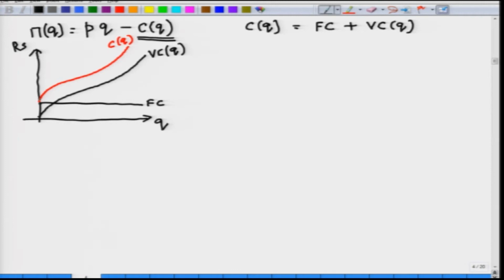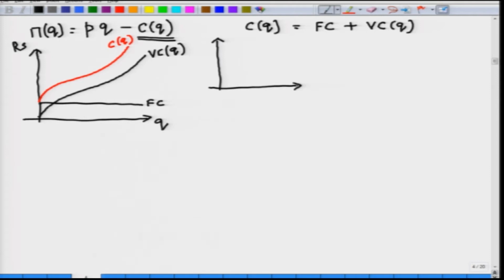Let us understand what is behind this particular shape of this cost curve. To get to the cost curve, let us step back and look at a production function for a firm. So, the firm is using, let us say, labor and capital.